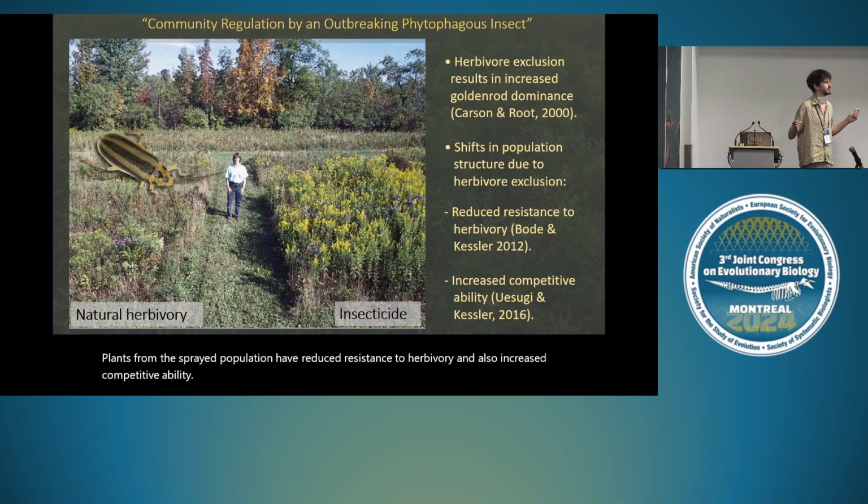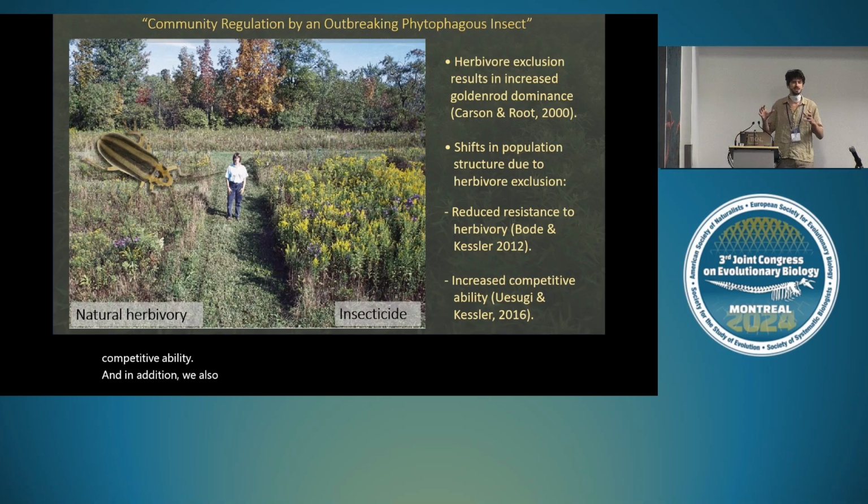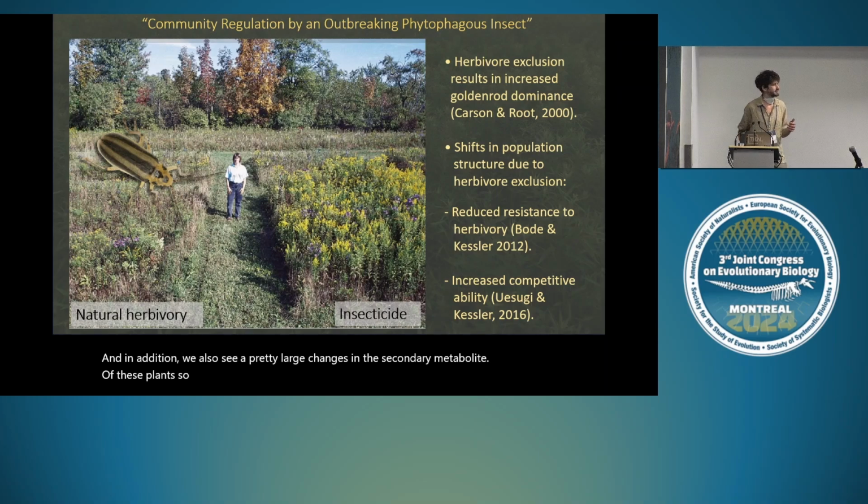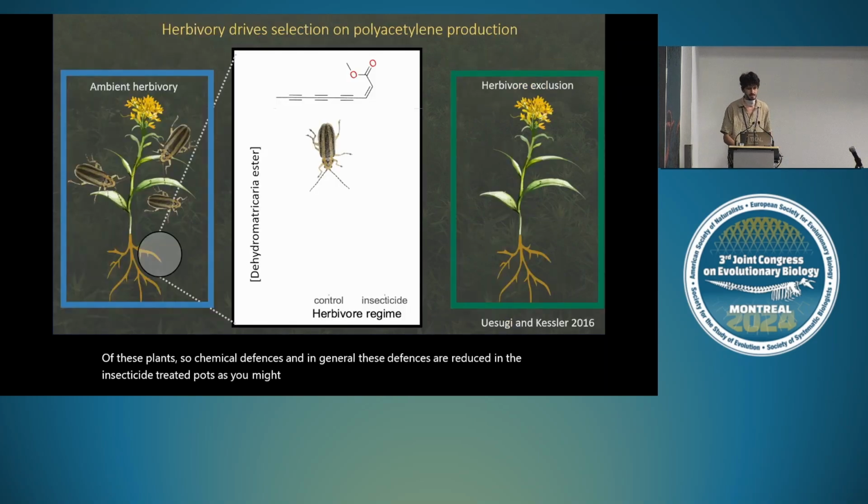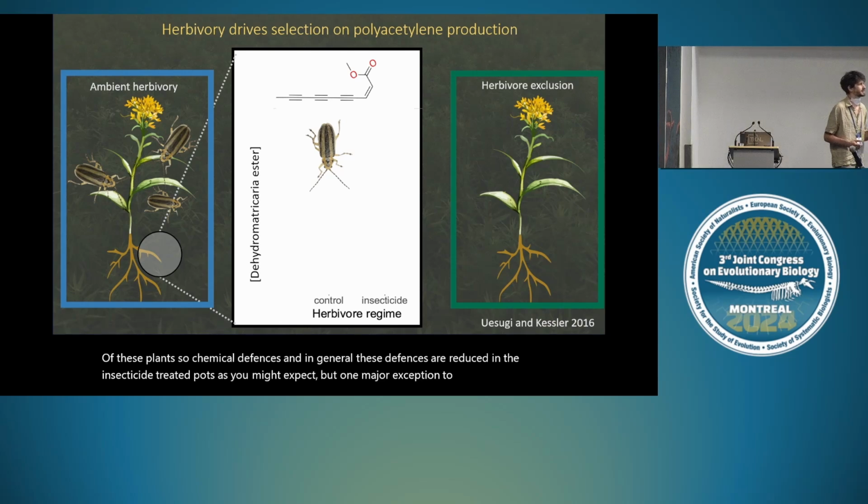And in addition, we also see pretty large changes in the secondary metabolite profiles of these plants, so chemical defenses. And in general, these defenses are reduced in the insecticide-treated plots, as you might expect. But one major exception to this is the class of compounds I want to talk about today.